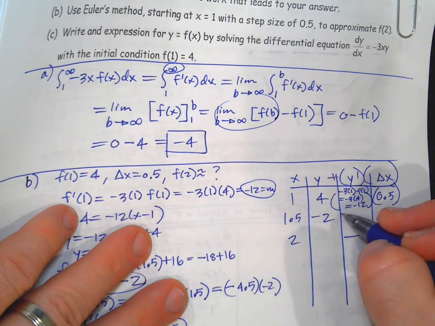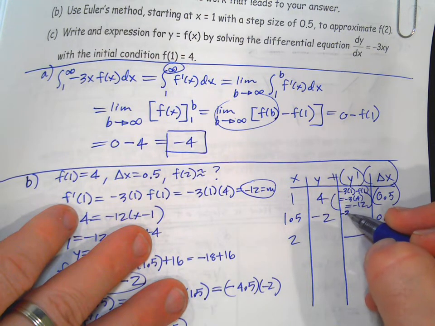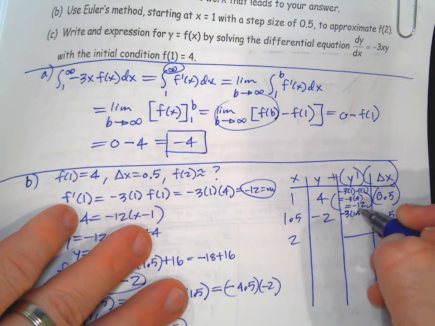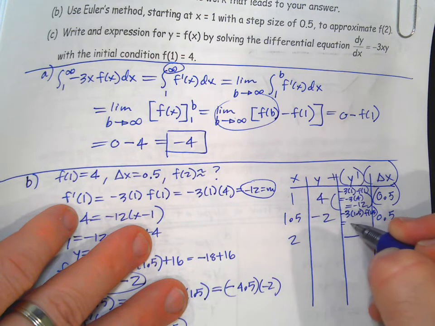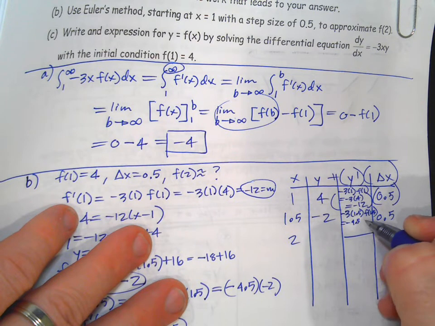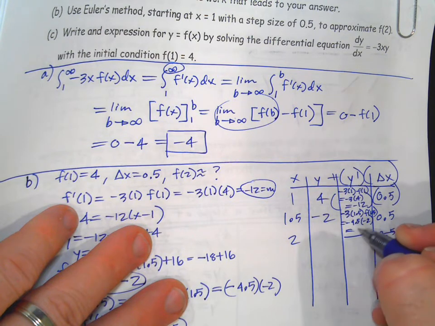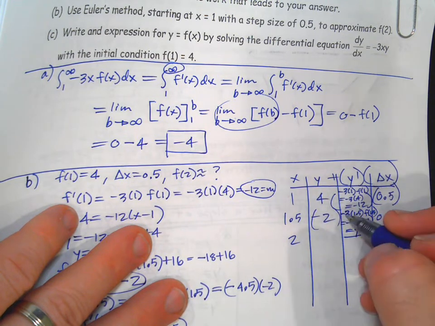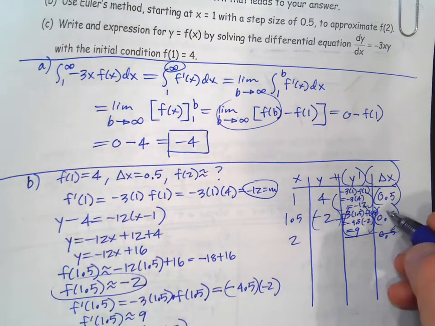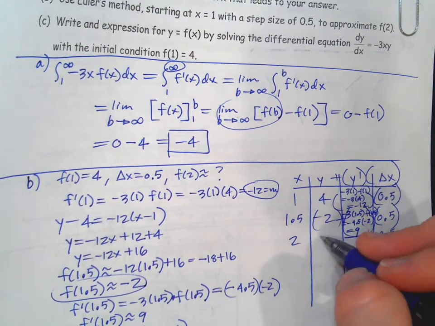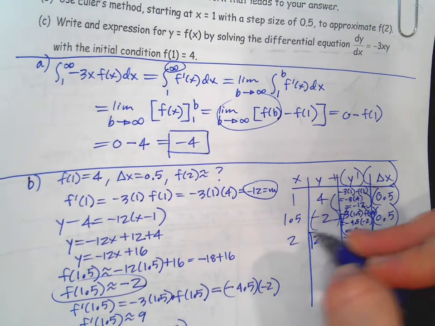Then you have to do negative 3 times 1.5 times f of 1.5. And that's going to be negative 4.5. f of 1.5 is about negative 2, so that's going to be 9. So it's going to be this plus this times this. Negative 2 plus 4.5 is 2.5.